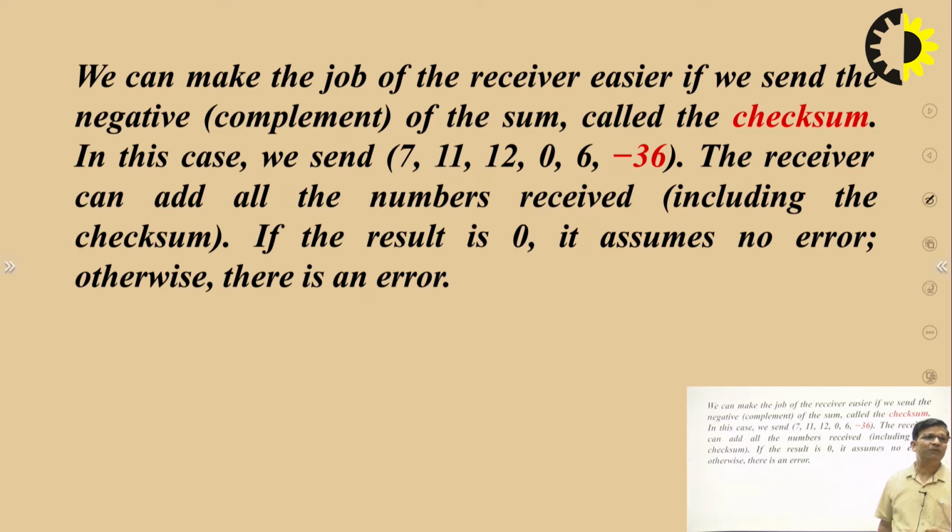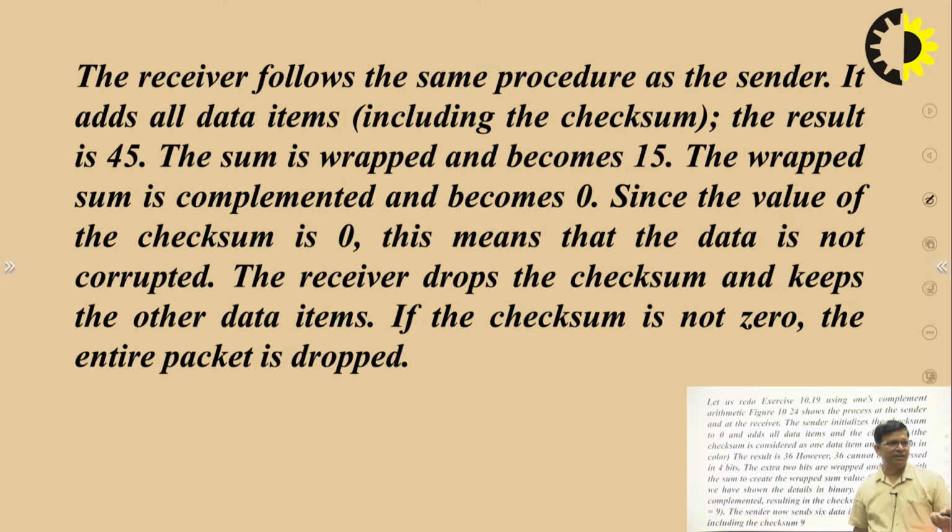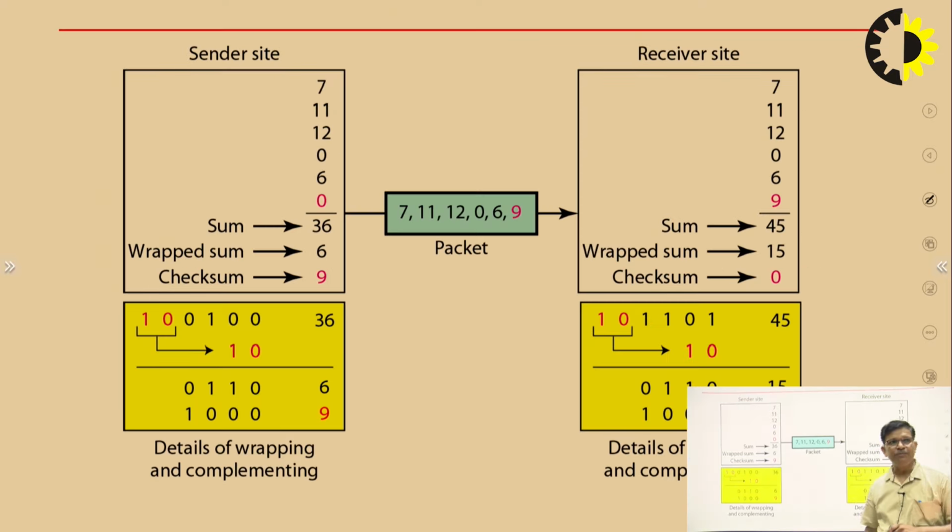So what is checksum? Let's understand it very easily first. This is the sender side. The sender sends some values, and the sender adds some redundant bits, the checksum, along with the data word to make it a code word.